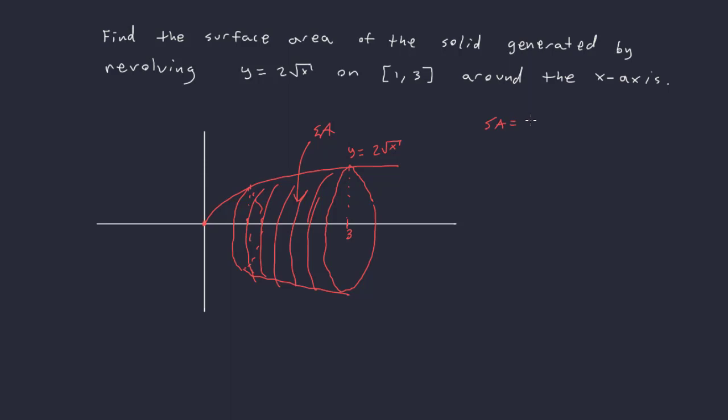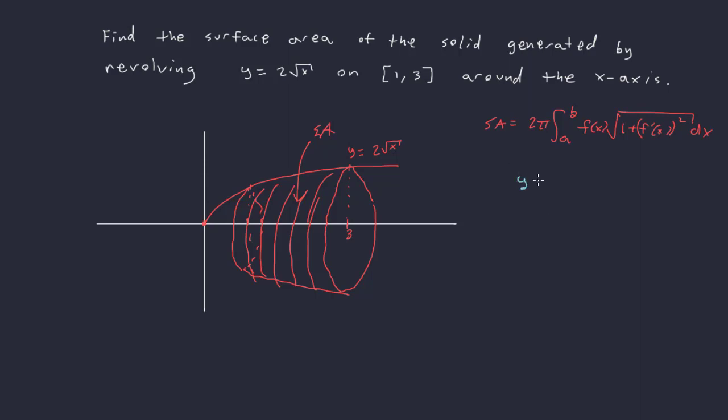Okay, it is 2 pi integral from a to b of f of x times the square root of 1 plus f prime of x squared dx. So we need to go through pretty much the same process we did before, right?